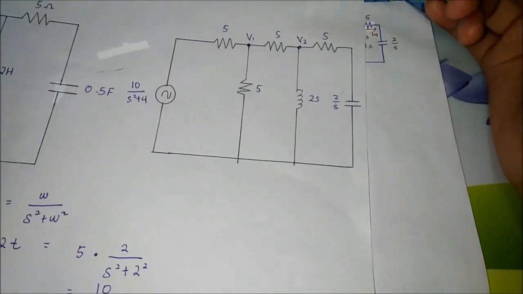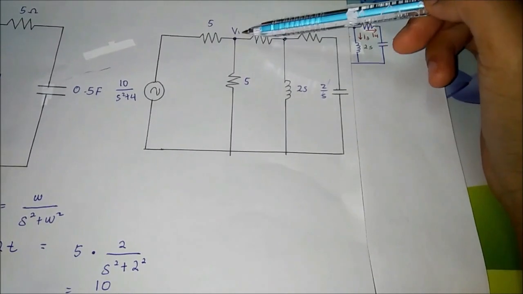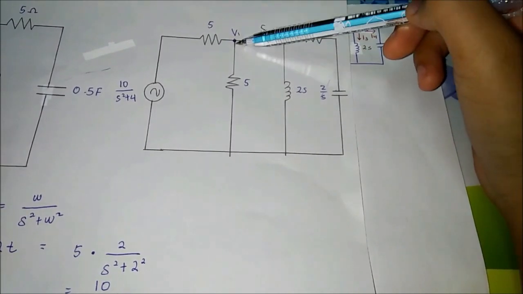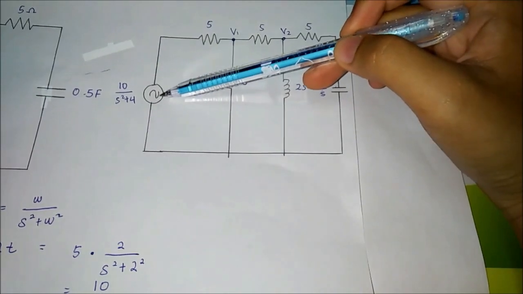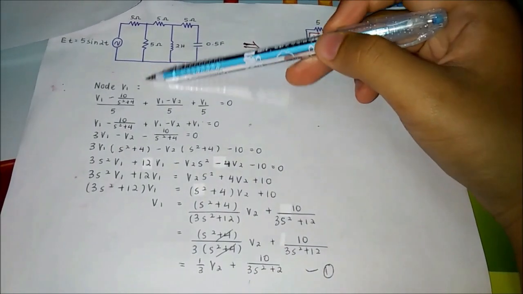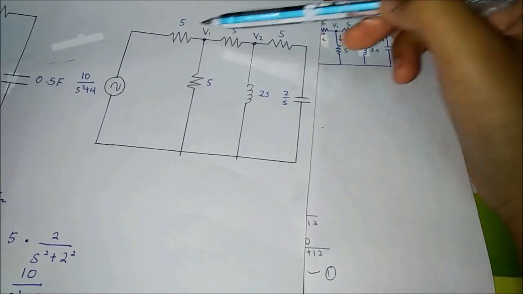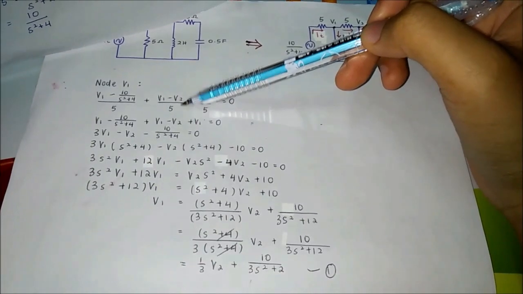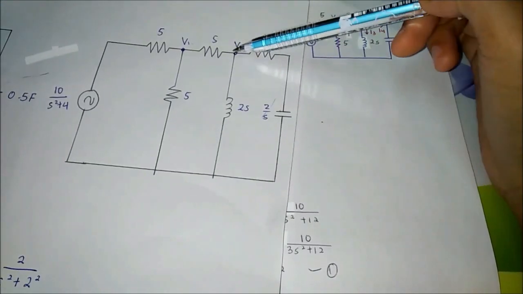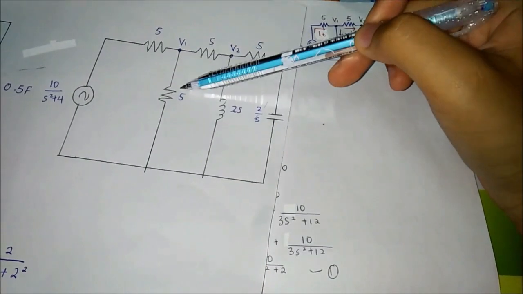We want to find our V1, so from here we do nodal analysis. So V1 minus 10 over s squared plus 4, over 5, plus V1 minus V2 over 5, plus V1 over 5.